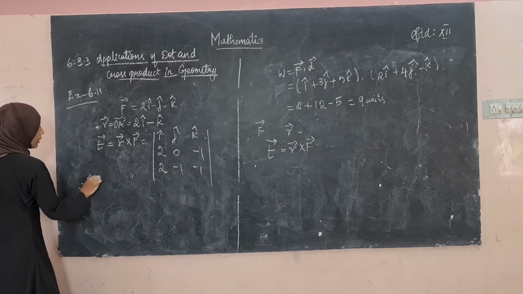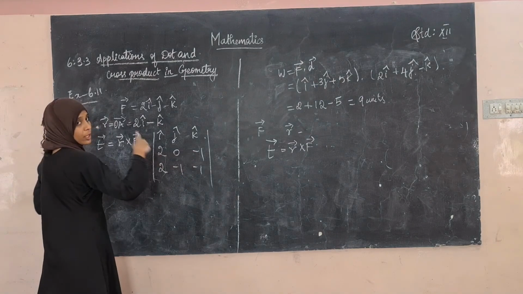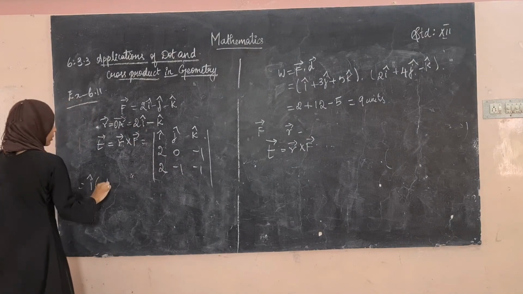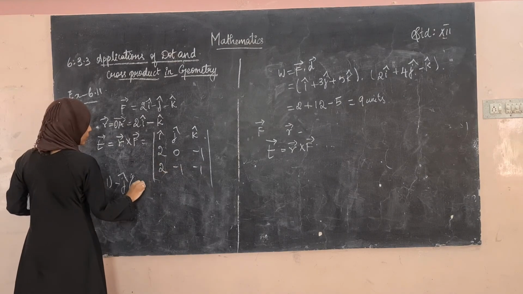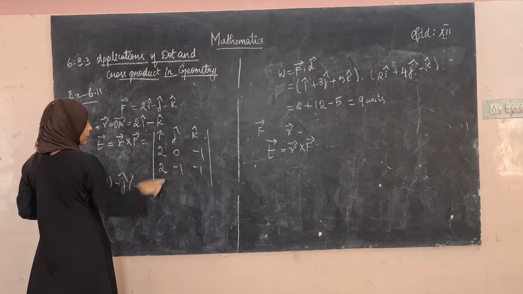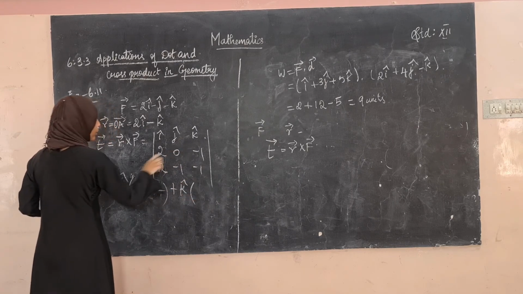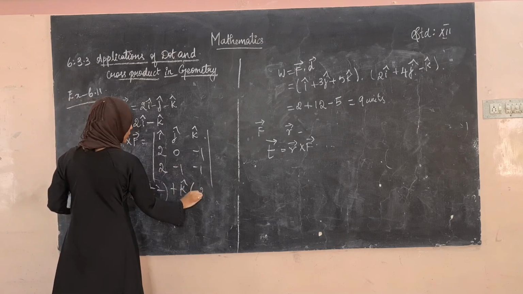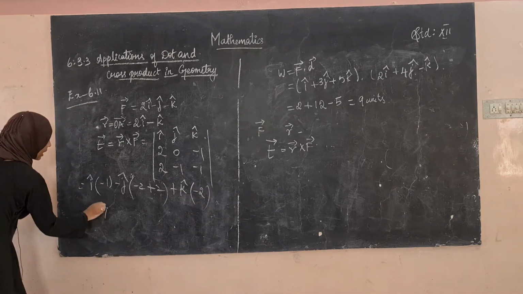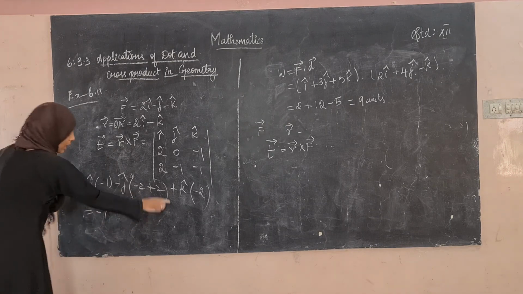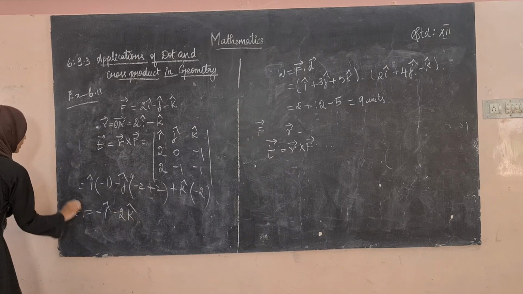So i cap into, 0 into minus 1 is 0, minus of, minus 1 into minus 1 is plus 1. So minus 1 i cap. Minus j cap of 2 into minus 1 is minus 2, minus of minus 2, so plus 2. Plus k vector of 2 into minus 1 is minus 2, this is 0. So what's the answer here? It is minus i cap, this becomes 0, and this is minus 2 k cap. So the torque is given like this.